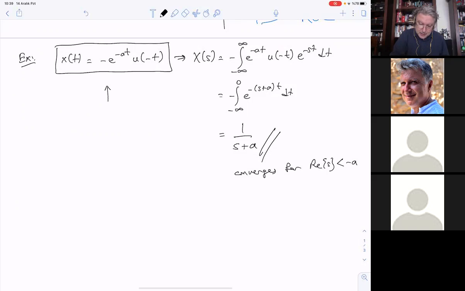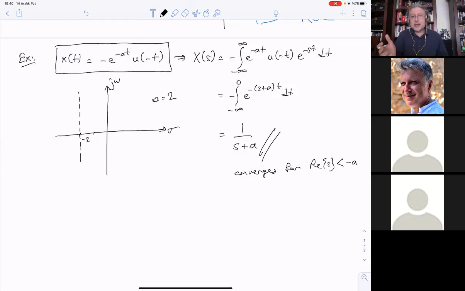Or sigma is less than minus a, in other words. If a is, for example, equal to 2, minus a will be minus 2. By the way, this is the sigma axis, and this is the j omega axis. You can also call them the real axis and the imaginary axis.